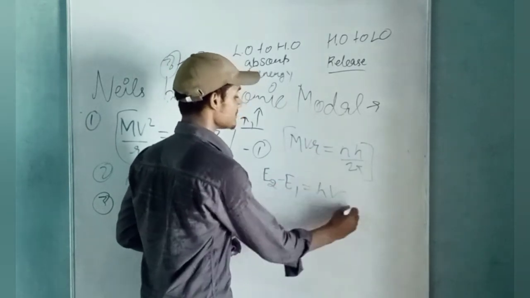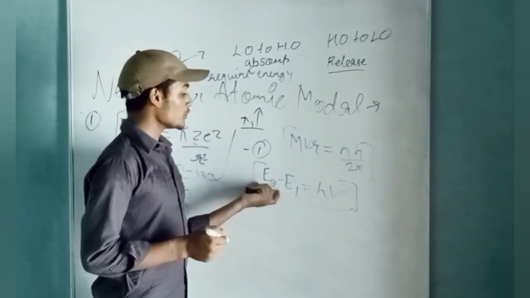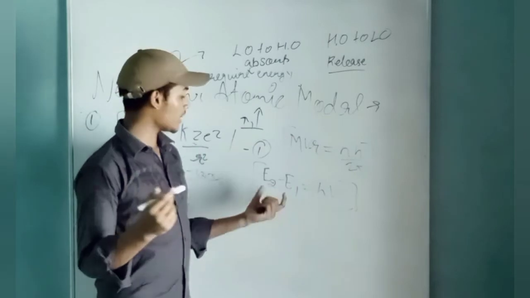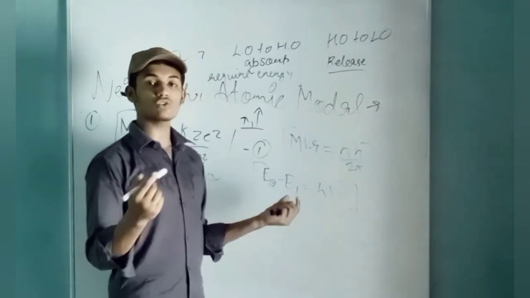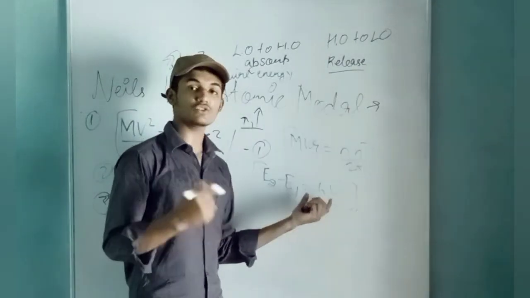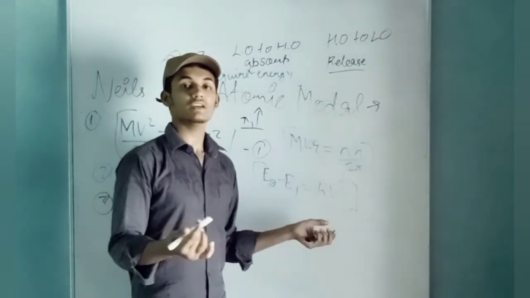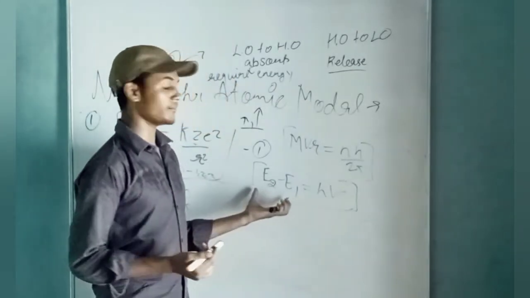Here E2 is the energy of the electron in the higher orbit, E1 is the energy of the electron in the lower orbit, and h nu is the energy of the absorbed or released photon.